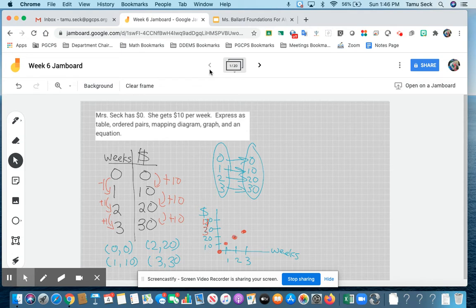And as an equation, this would be y is equal to 10x. Why 10x? Because it's increasing by 10 each time.